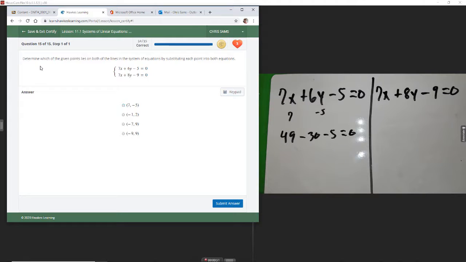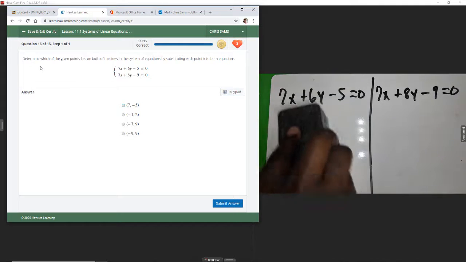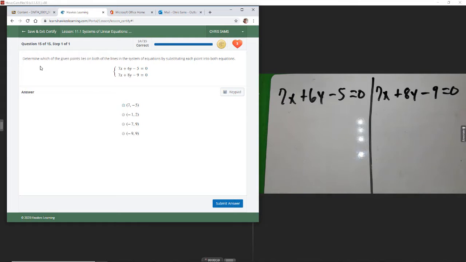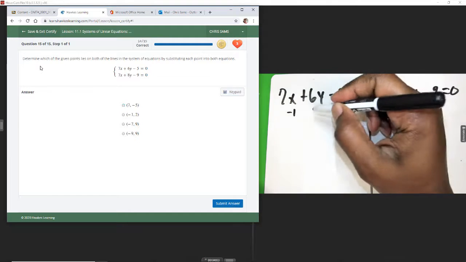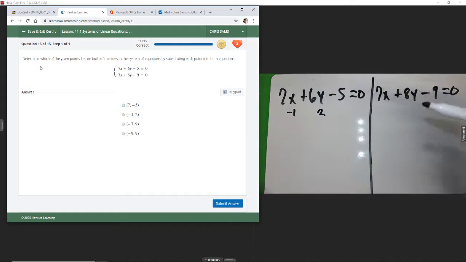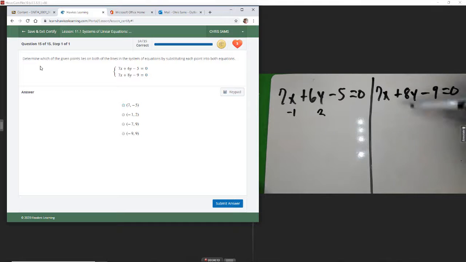This will not give me 0. Okay, so this one will not work. So 7, negative 5 will not give me 0. So let's try negative 1, positive 2. I only tried it in that one because if it doesn't work for this one, it doesn't matter if it works for this one because it has to work for both.